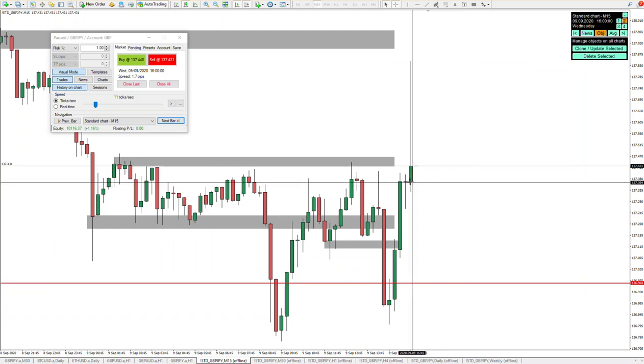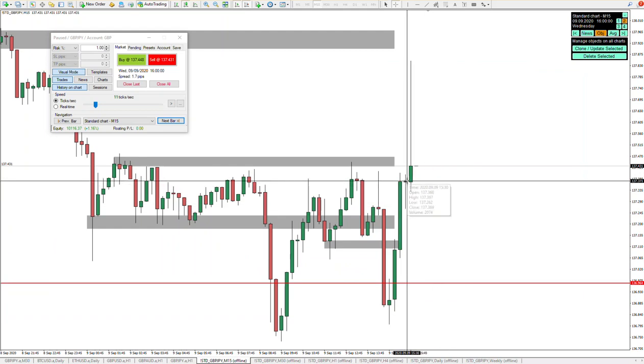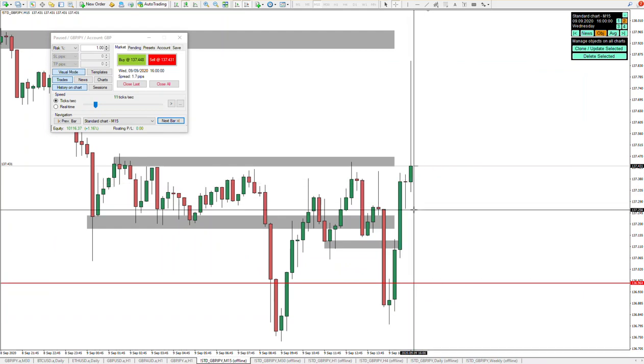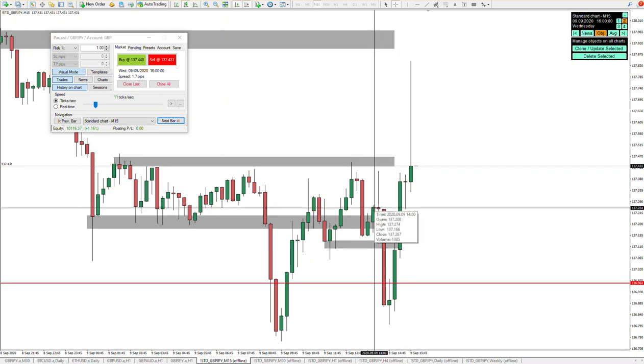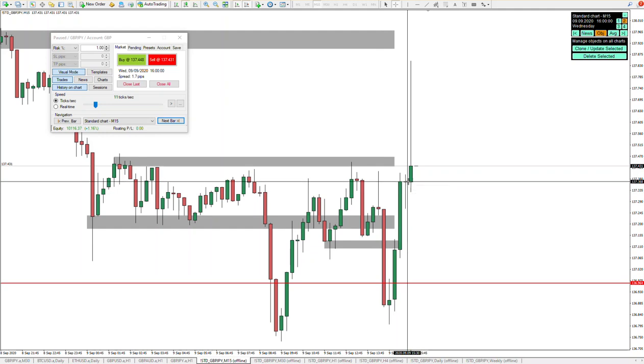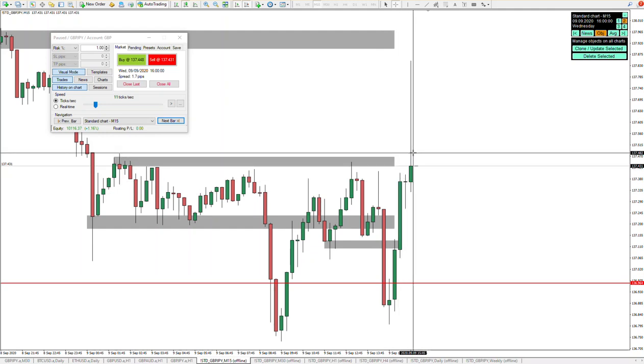M15 was a doji, so it's a write-off candle. At the other end, price rejected this previous resistance, so it found support. Yeah, it would have been interesting to buy here in New York. Wow, beautiful. That was the trade. You should have some guts. It is an impulsive entry.